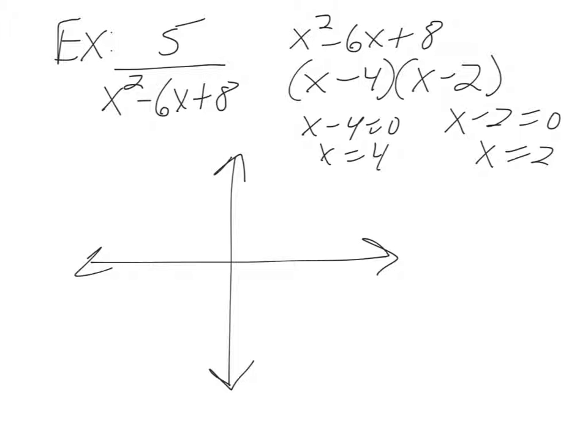After I've done that, I can see my vertical asymptotes will be at 4 and at, whoops, over here, 2. So it's going to be one right through there and one right through there. Those are my vertical asymptotes for this function. Once again, we're not going to worry about horizontal right now. We're just going to concentrate on the vertical so we can get examples from that.